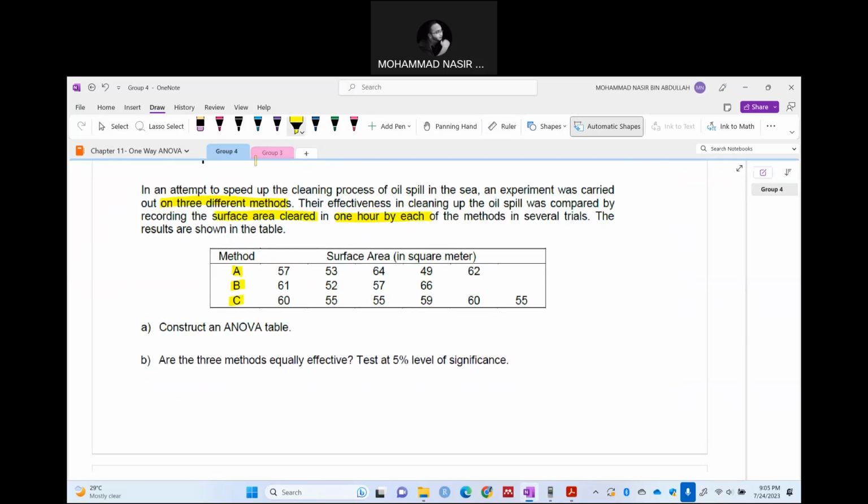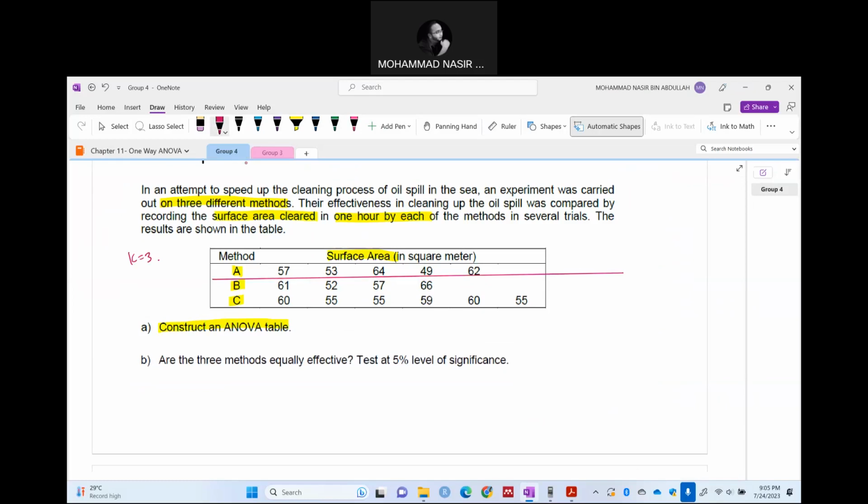So the result is shown in this table. This is the surface area in square meters. So now we want to construct the ANOVA table. In this case, we know that k equals 3. So now we need to calculate the total for each treatment.